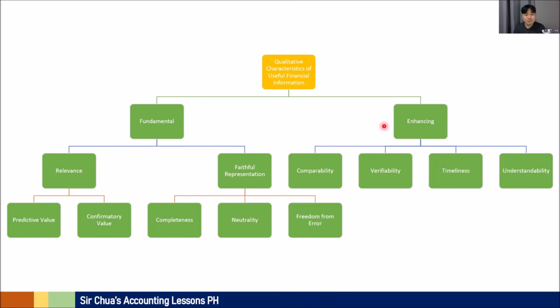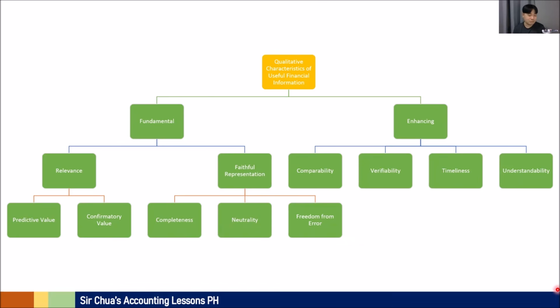And then for enhancing, we have comparability, verifiability, timeliness, and understandability.